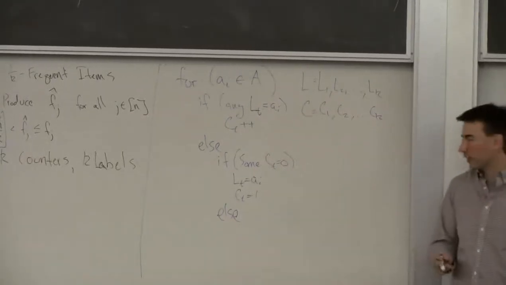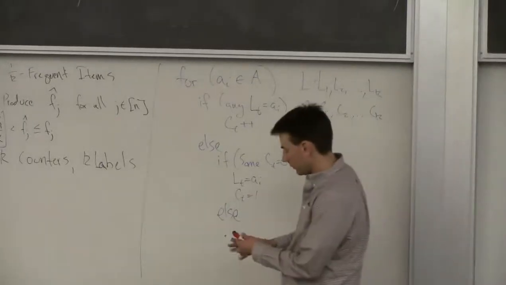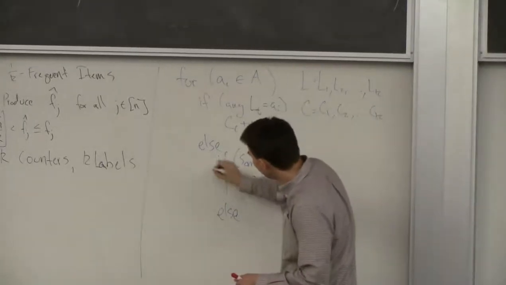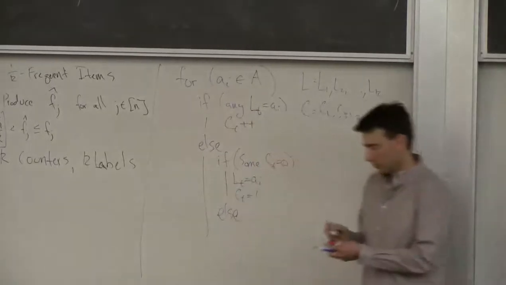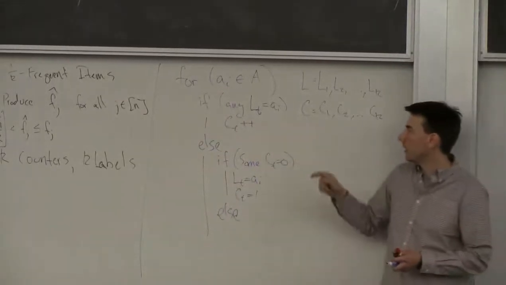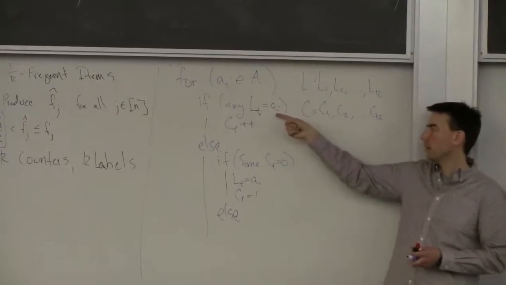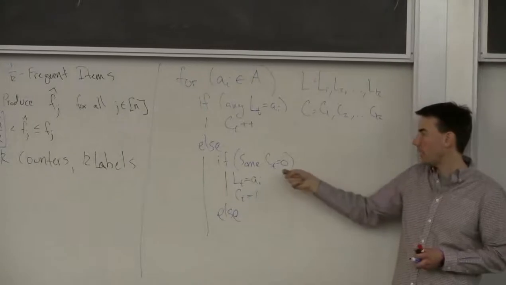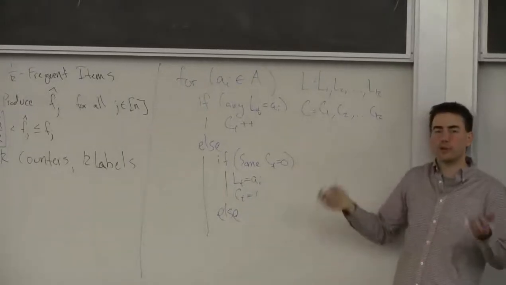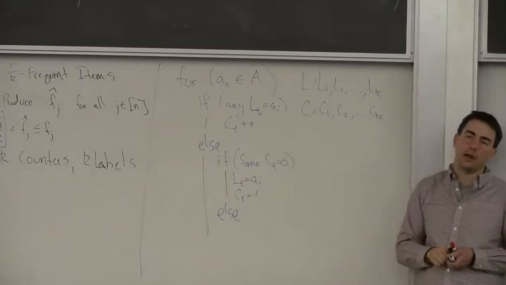What should I do in this case? You can see where my if statements are going. If I have no label which matches my incoming item, and all of the counters are storing something, what should I do?